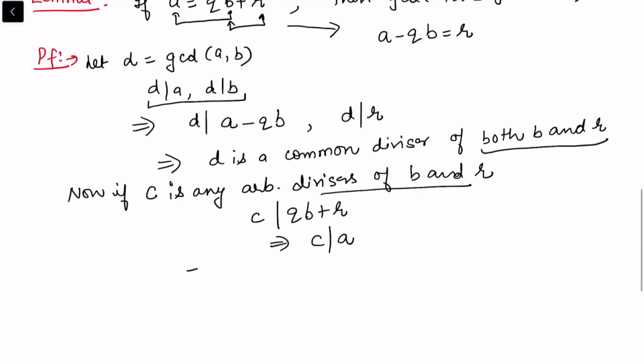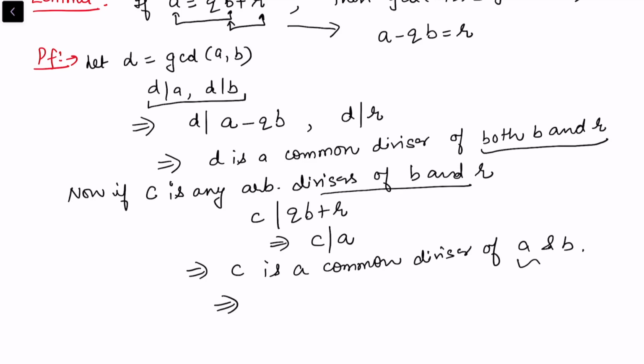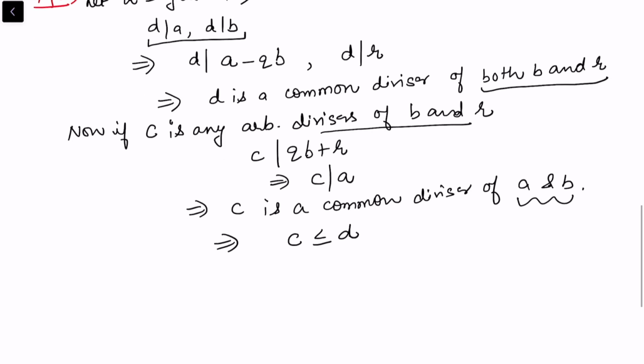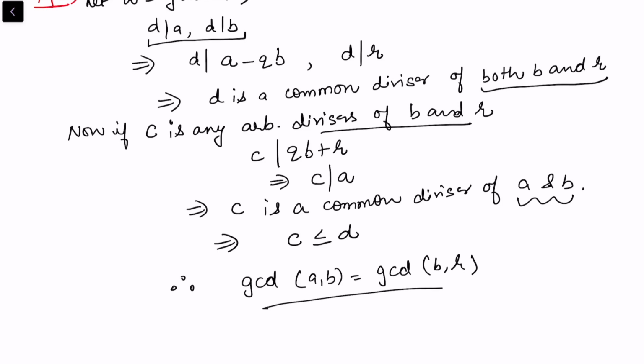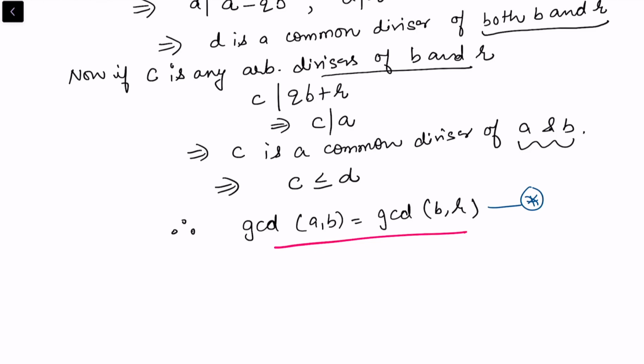So this means that c is a common divisor of a and b. But we know that a and b have GCD d, so obviously we can say that c is always less than or equal to d, and hence we can show that GCD of a and b is the same as GCD of b and r, and this is exactly the same GCD, and hence using this fact and based on this star equation I have applied the Euclidean algorithm.